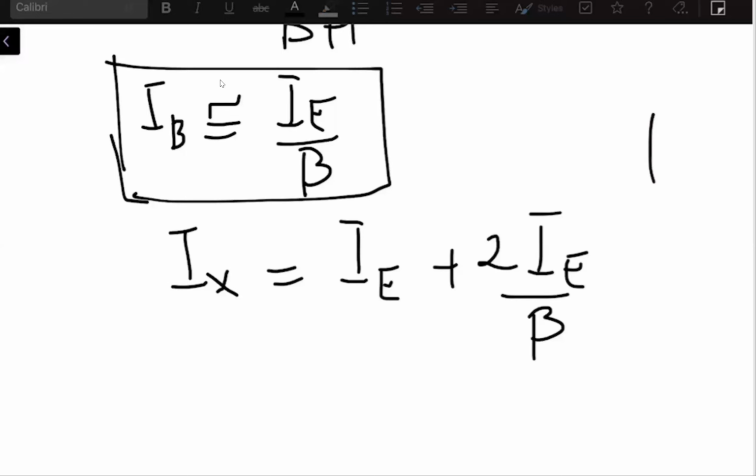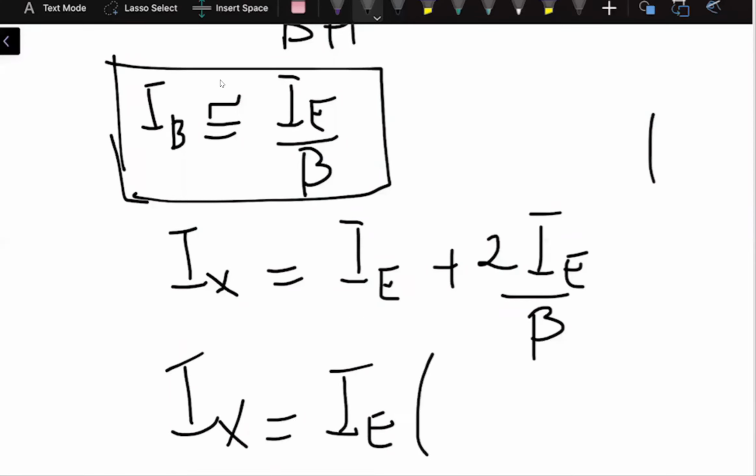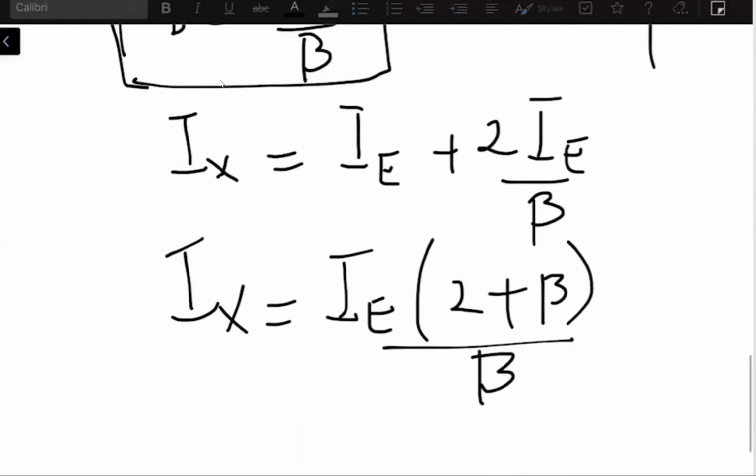So we can say now Ix is basically equal to IE (2 plus beta) divided by beta. Are you with me? But as we know, beta is a big value, right?